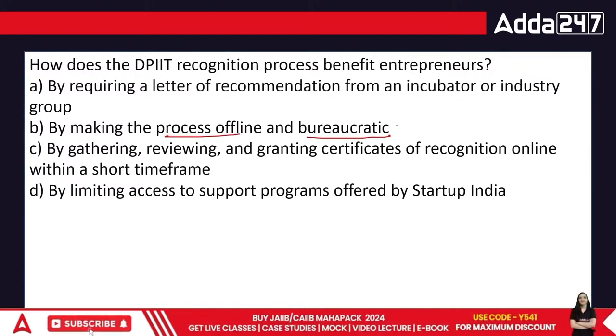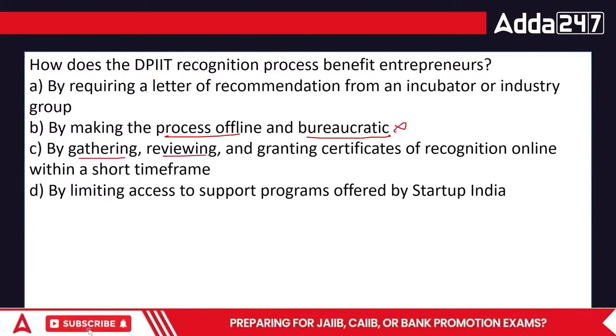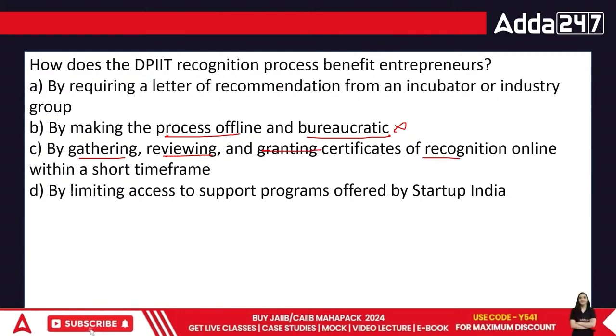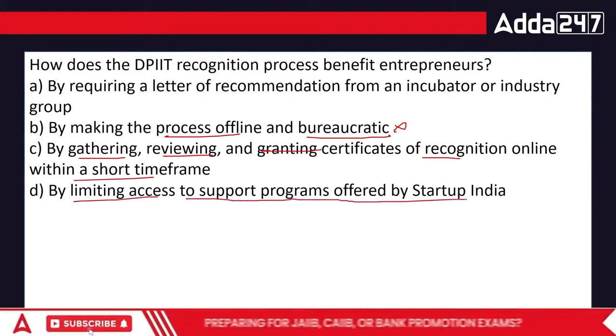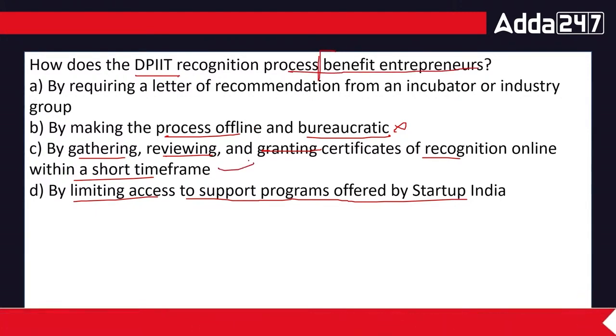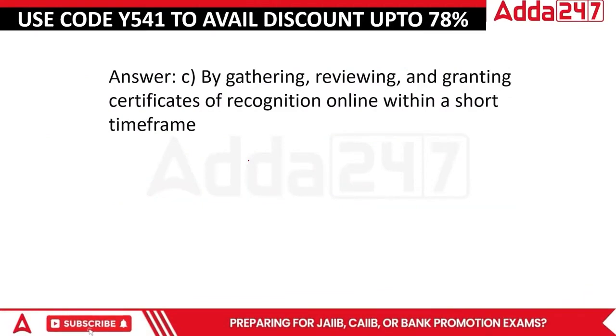This is very cumbersome. I don't think DPIIT would be looking forward to this. By gathering, reviewing and granting certificates of recognition online within a short time, and by limiting the access to support programs. If we talk about DPIIT and their working, this is for the benefit of the entrepreneur. So technically, this is what they will try to do. First can also be the point, but the C point stands more affirmative.